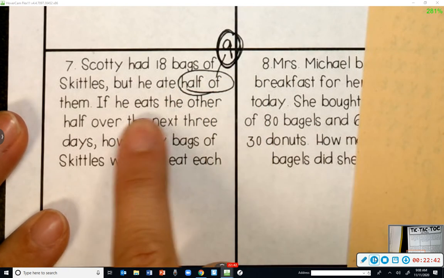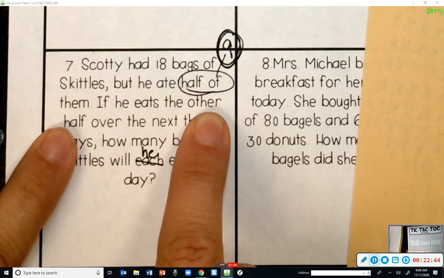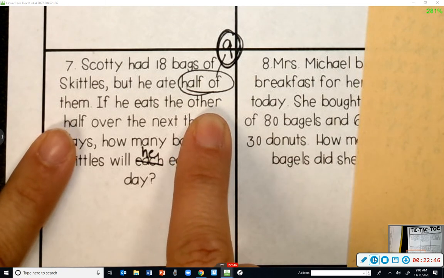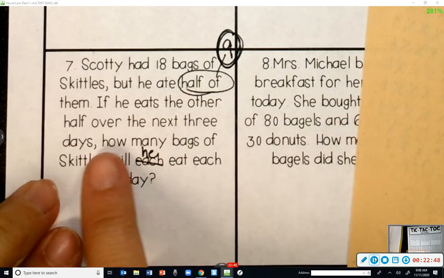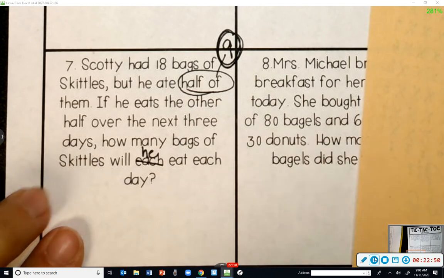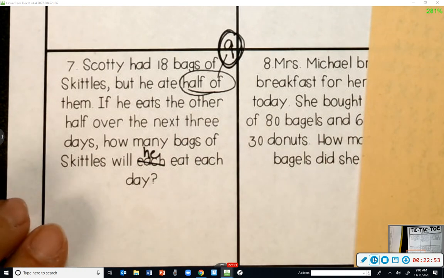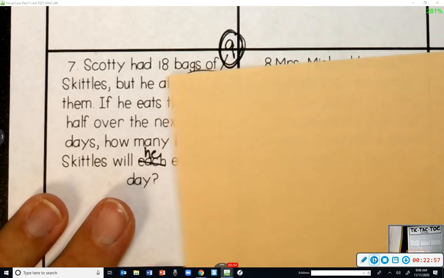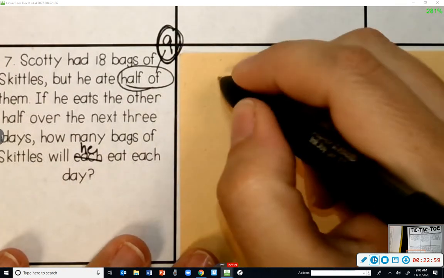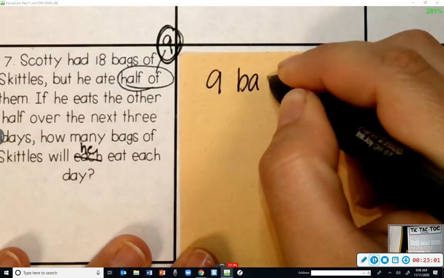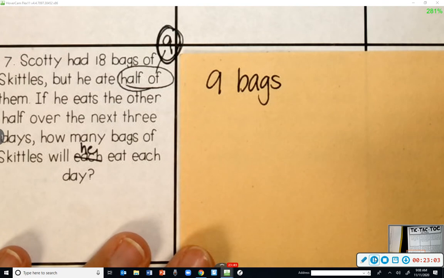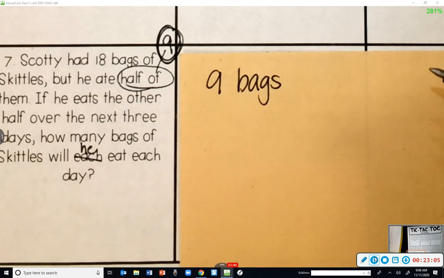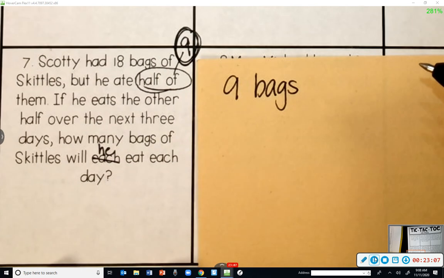So if he eats the other half, that means he eats the 9 bags over the next 3 days. How many bags of Skittles will he eat each day? So I have 9 bags of Skittles that are left because I'm only doing half of them, and I'm going to eat them over 3 days.